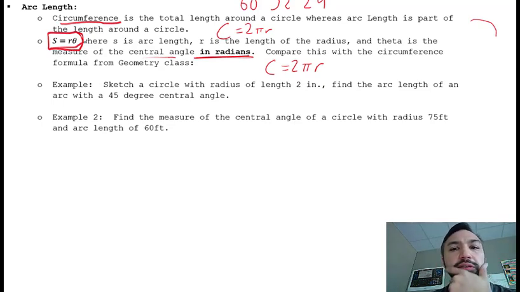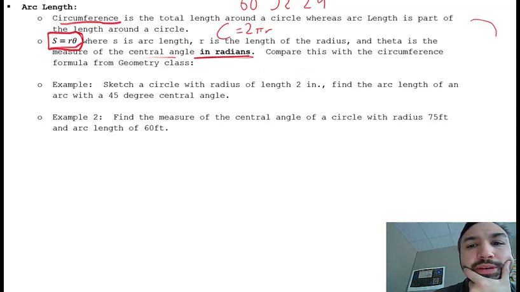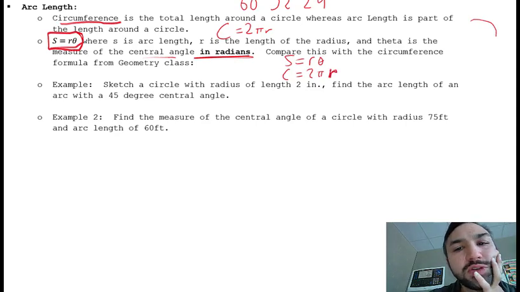Alright, so if we compare these two, circumference is all the way around. So, well, how many radians is all the way around a circle? 2 pi.